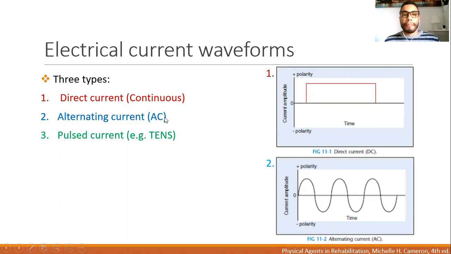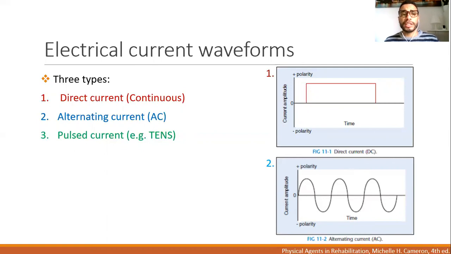Alternating current is where we see that this flow of charges can have this type of waves, sinusoidal waves. So it goes between positive and negative, alternating the polarity. And we also have the pulsed current, which is the most used type of current in physiotherapy.